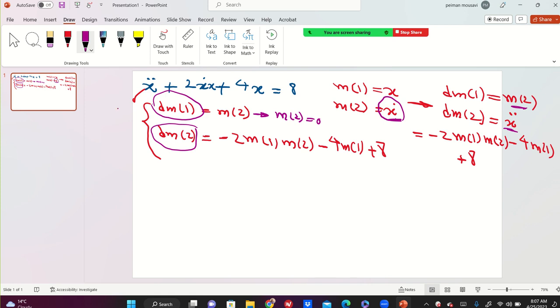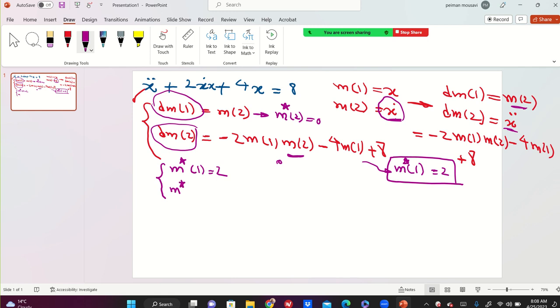And when the acceleration is 0, from here you get that m1 is 2. We show the equilibrium points with a star. So m star 1 is 2, and m star 2 is 0.